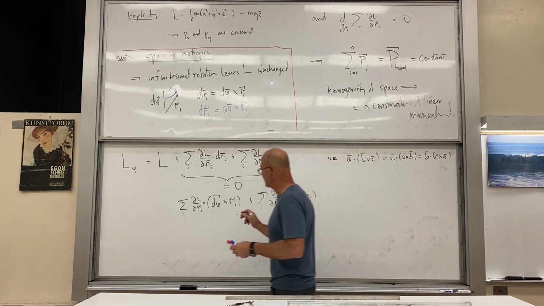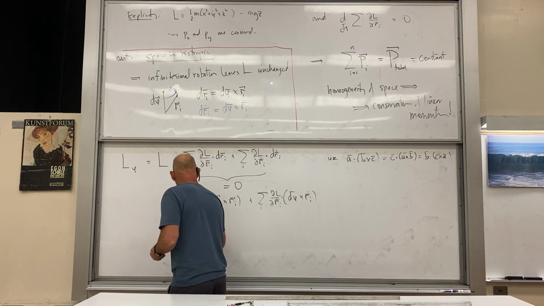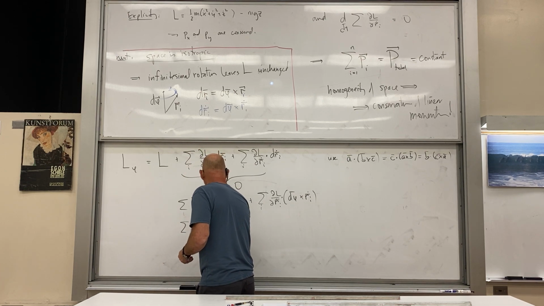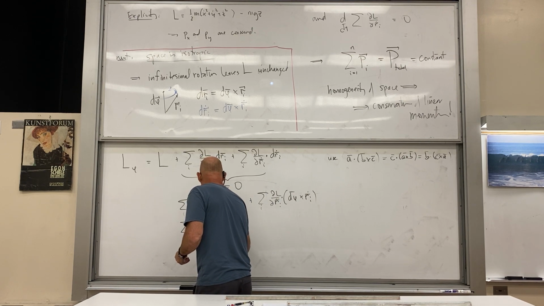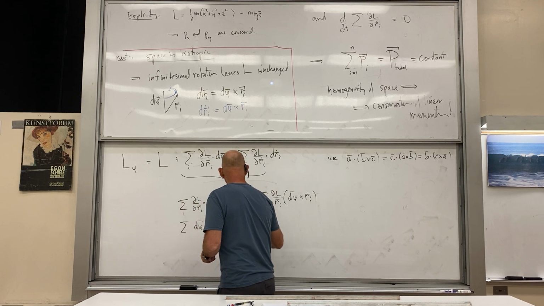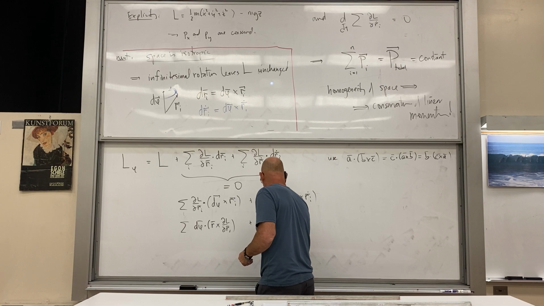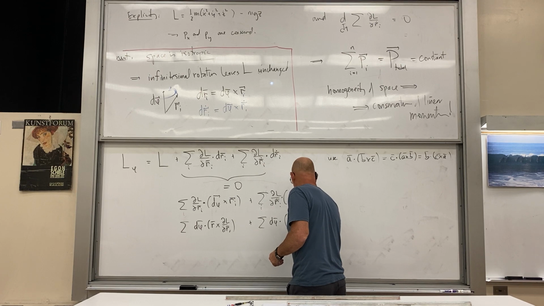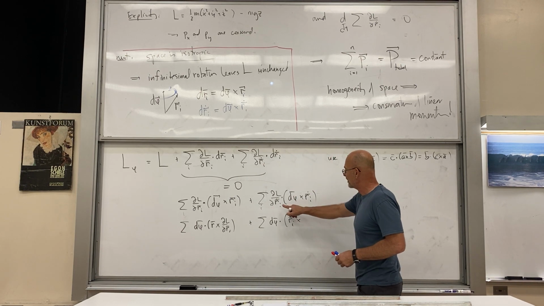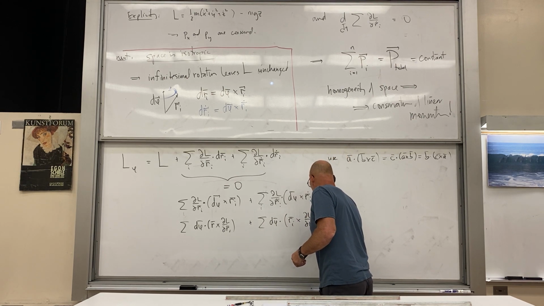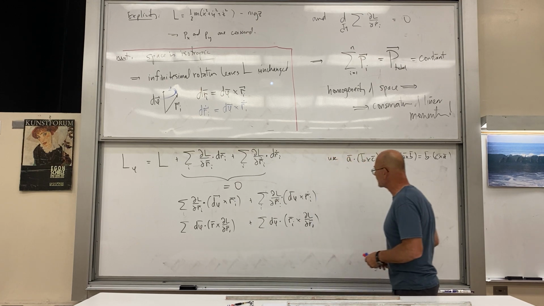If we do that here, we end up with d phi dot r cross dL/dr. And here we end up with d phi dot r cross dL/dr_i dot. Okay, so we just cycled through twice, that's nice.